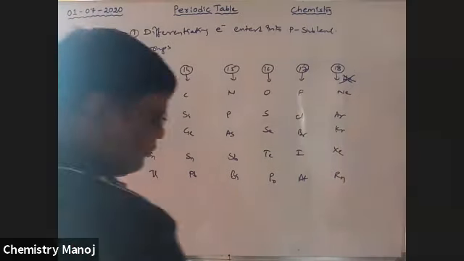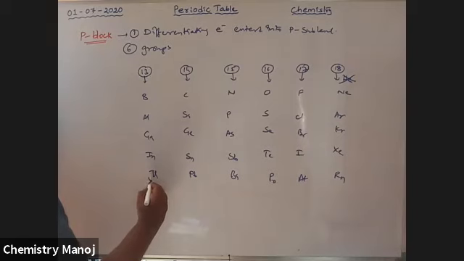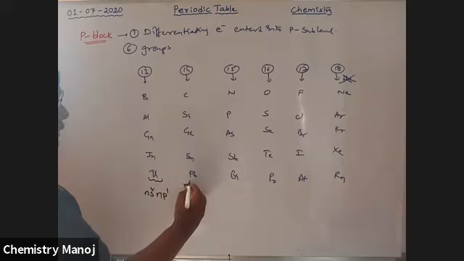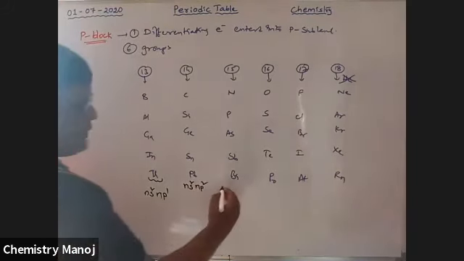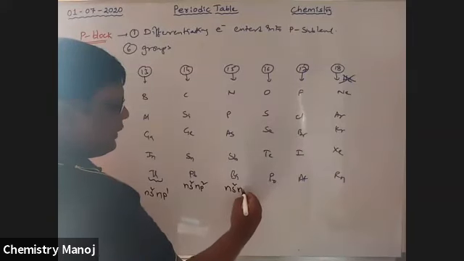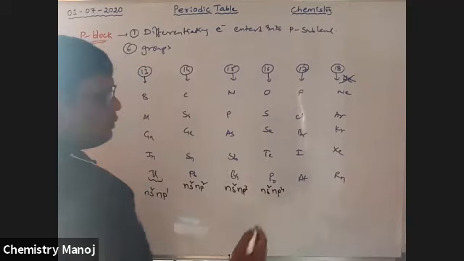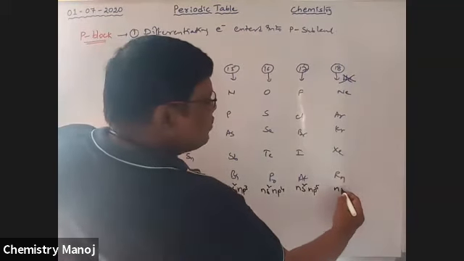Here, the general outermost electronic configuration for these group elements is ns2 np1 for the first, ns2 np2 for the next, then ns2 np3, ns2 np4, ns2 np5, ns2 np6.